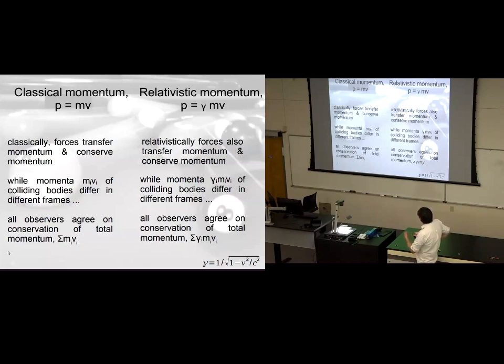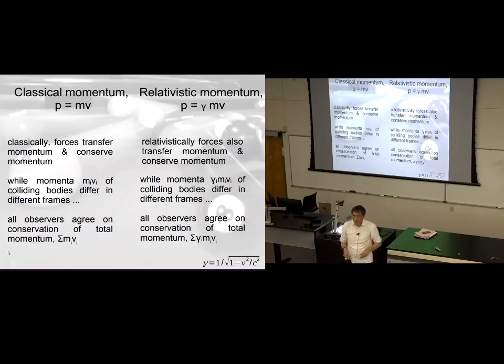Third remark: classically, the conservation of momentum corresponds to this. If you've got a few particles in a collision, coming in, going out, calculate mv for each of them, and then check that the sum of the mv's before equals the sum of the mv's afterwards, you'll find that momentum is conserved. That's classical momentum conservation. Same idea for relativistic momentum conservation.